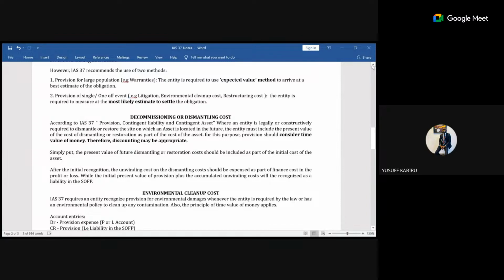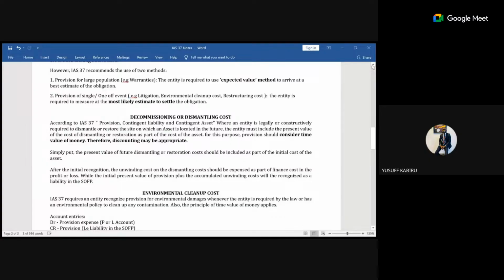Whenever there is time value of money, unwinding costs must occur. Please, let's take note of it. Now, let me break it down to simple layman's language. Now, there is a cost I will incur in the future.